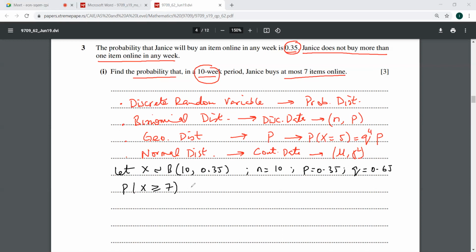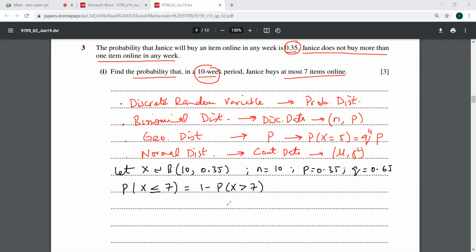Where to find this? But at this level, you have to decide. Oh, sorry, I have written this wrong. This is at least 7. Oh, no one told me. This is at least 7. At most 7 means less than or equal to 7. Okay. So, would you be finding the probabilities from 0 to 7, or would you do it like this: 1 minus probability x is greater than 7?